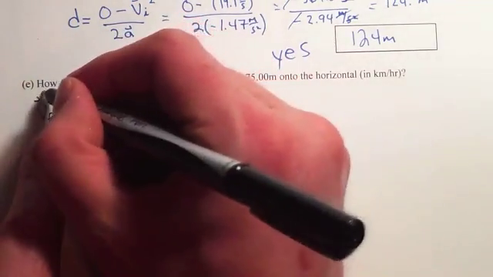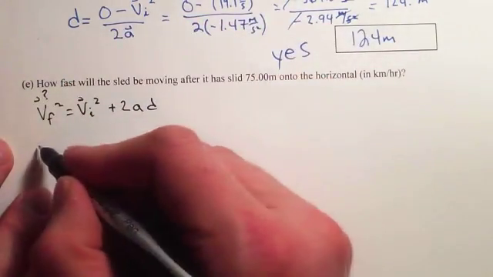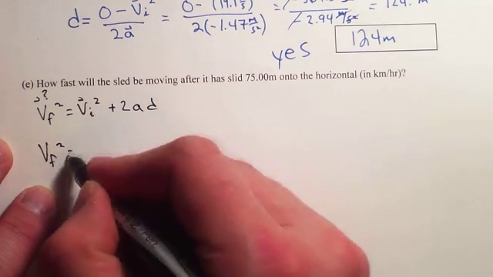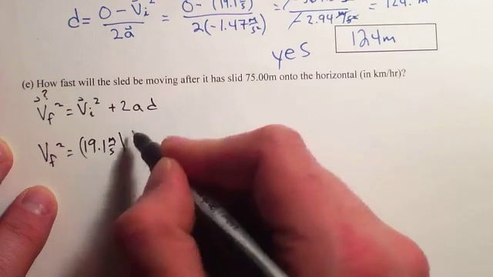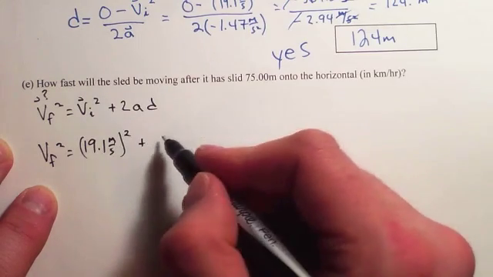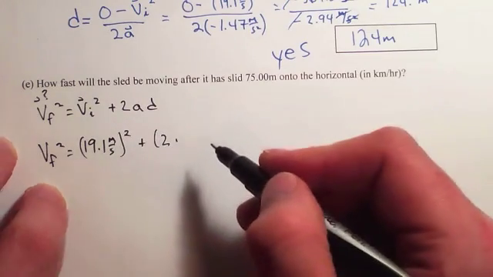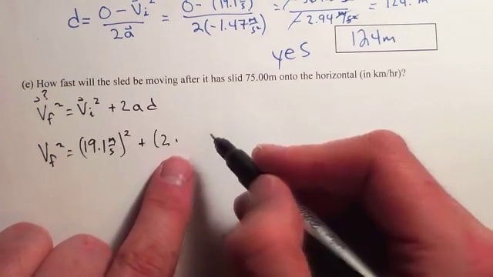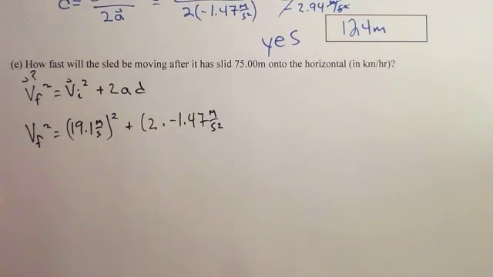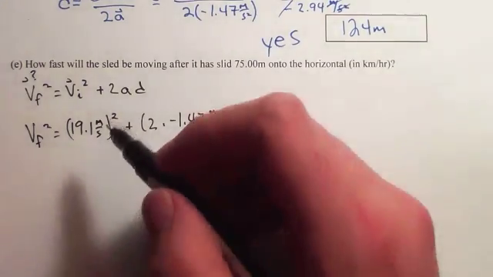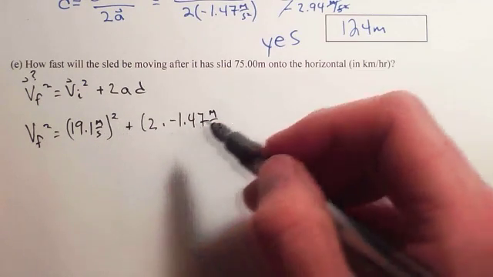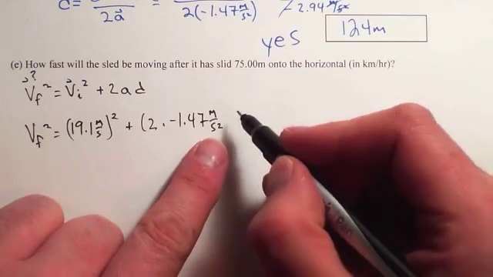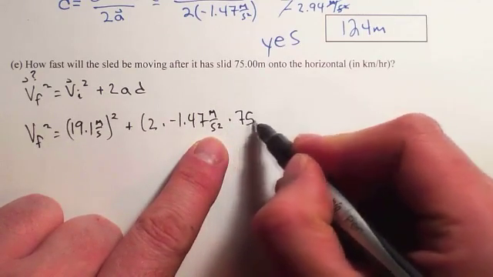I'm now looking for the final velocity again. So VF squared is equal to the initial velocity, 19.1 meters per second, squared, plus 2 times negative 1.47 times the distance, 75 meters.